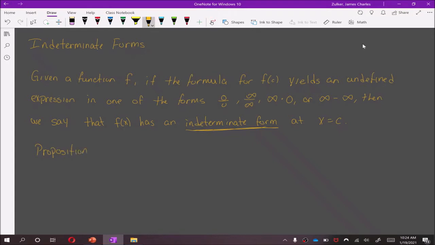The first way is by using algebra and this proposition, which states if f of x equals g of x when x is not equal to a, so when f of x and g of x are identical everywhere except at x equals a, then the limit as x approaches a of f of x is equal to the limit as x approaches a of g of x, provided the limit exists.